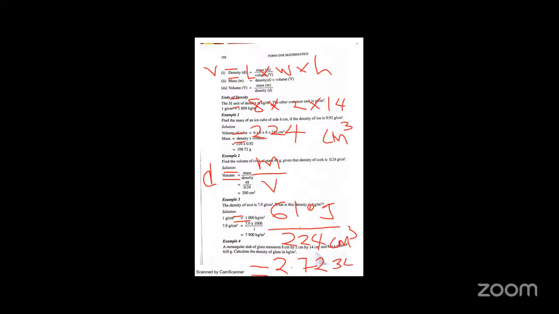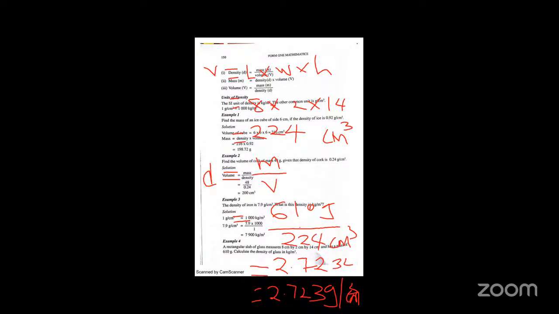Yeah, so once you got this one, you can give your answer in 4 significant figures, whereby it will be equal to 2.723 grams per cubic centimeter.